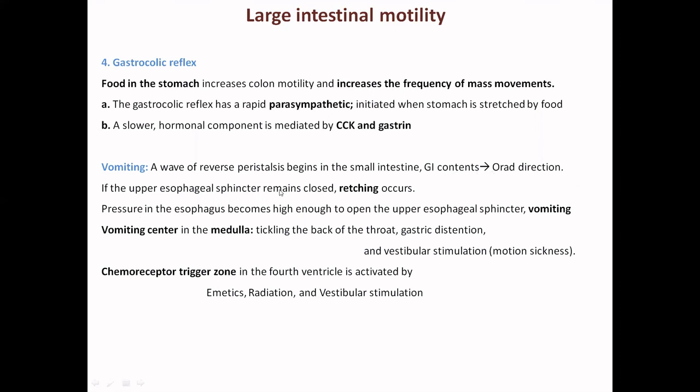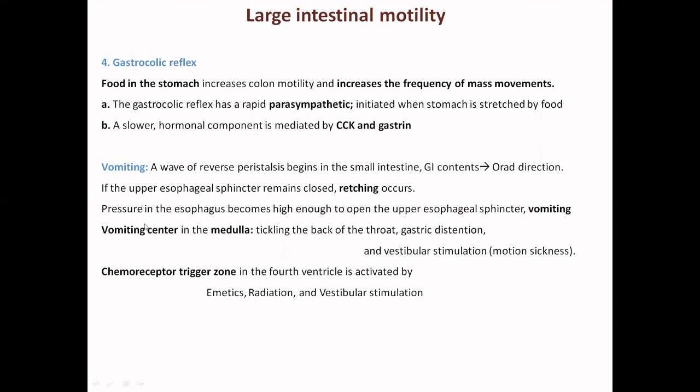If the upper esophageal sphincter remains closed, retching occurs, meaning you feel the urge to vomit, but it doesn't happen because the esophageal sphincter is closed. But when the pressure increases and becomes high enough to open the upper esophageal sphincter, the vomiting happens. So the feeling of vomiting is because of the retching. The pressure is not enough, but there is an urge to vomit.